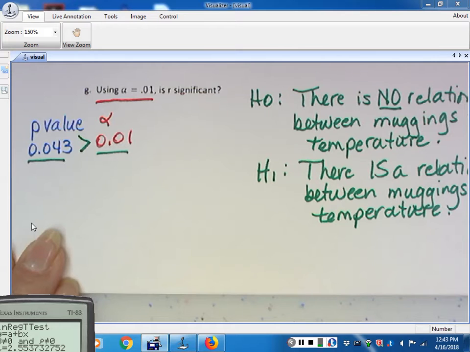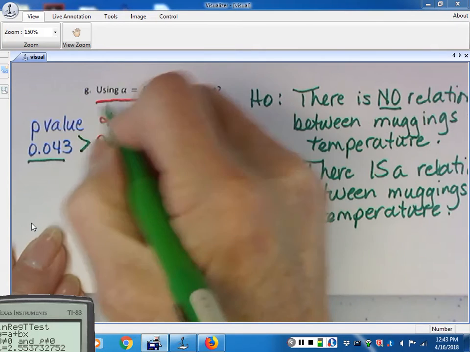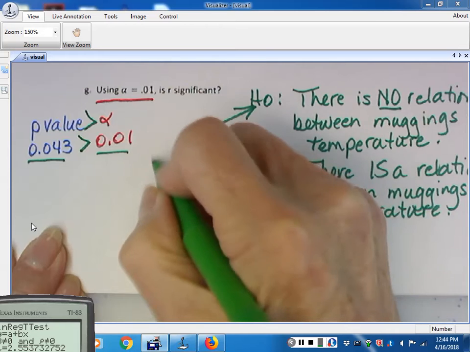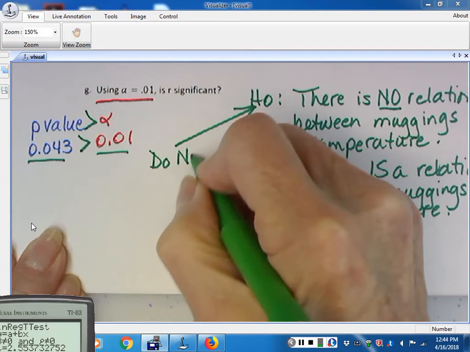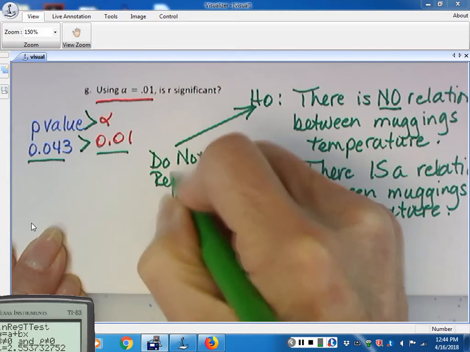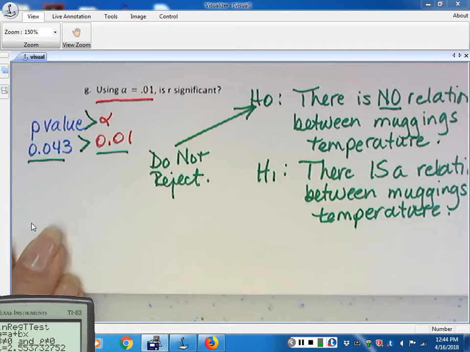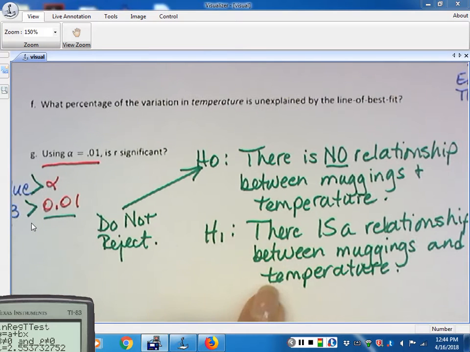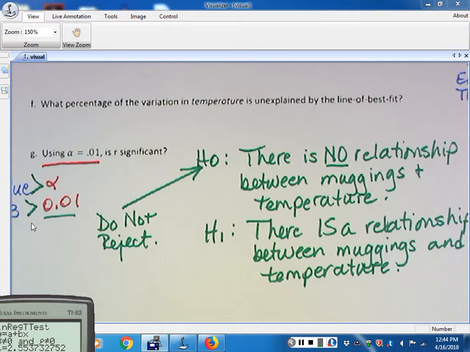So we do not reject H0. And we don't have any evidence that there's a relationship between muggings and temperature at this point. Okay? Even though the data sort of looked like there might be.